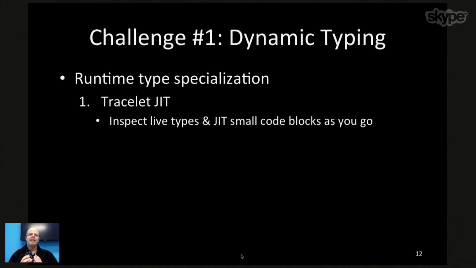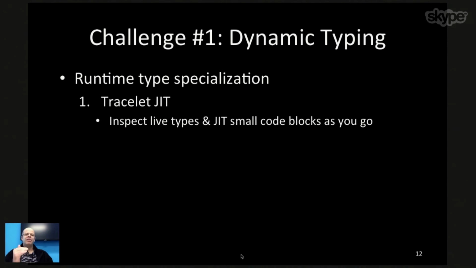The way we obtain the types to JIT that piece of code is by inspecting the live state in the virtual machine. So if you need to compile a piece of code that is adding two local variables, you check the types of those local variables and generate code for the types that you're seeing.